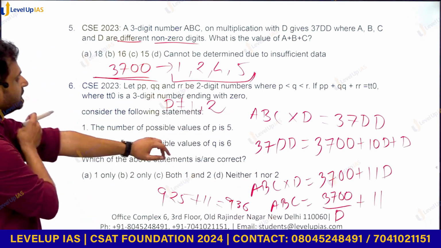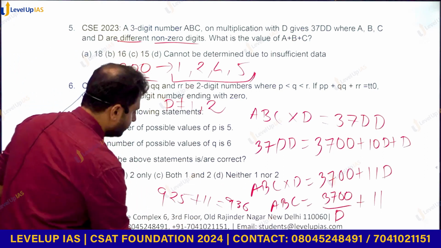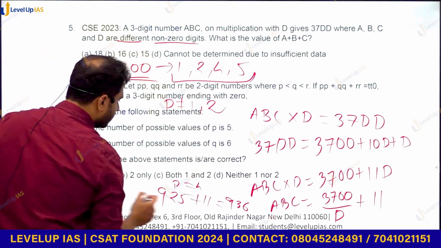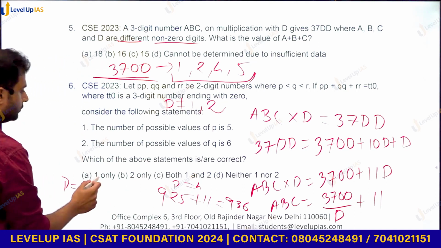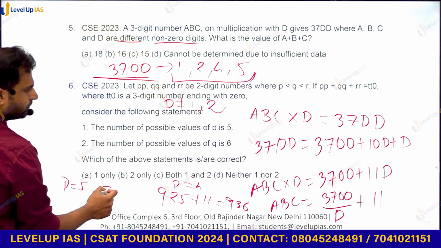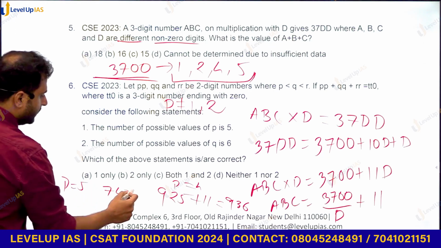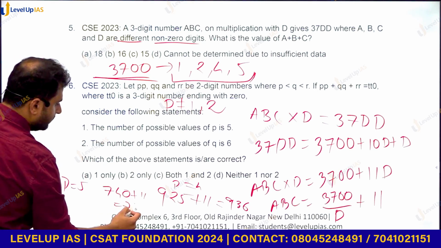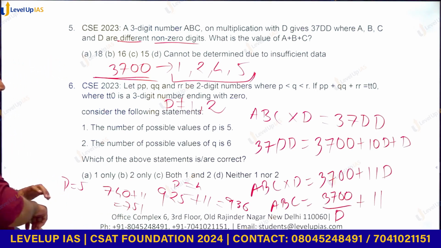And if we put d equal to 5, then what do we get? For d equal to 4 you get 936, and for d equal to 5 you get 740 plus 11, which is 751.